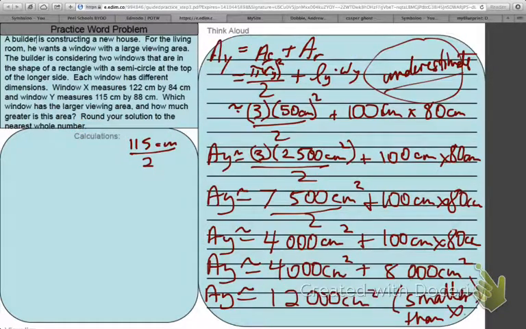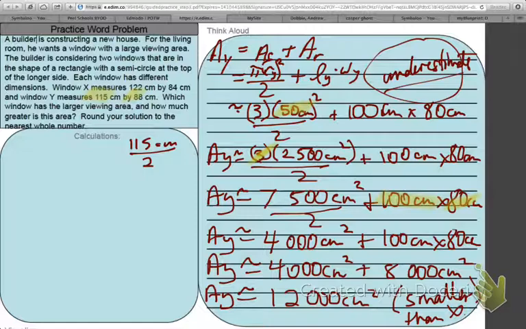And we went on to complete the estimate of Y. And the estimate of Y, we rounded all the values down, because for Y, the length was 115, and we rounded that to 100. The width was 88, we rounded that to 80. 3.14 we rounded down to 3. And then we did the same thing with the radius, that should be 57, we rounded it down to 50.